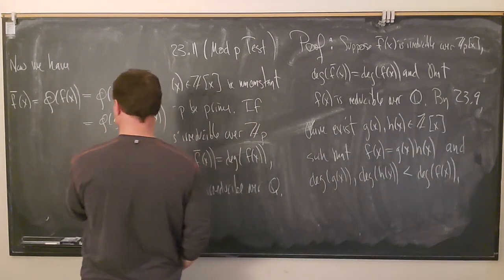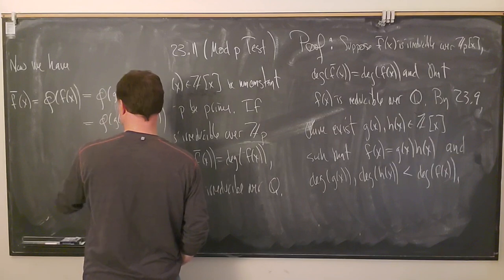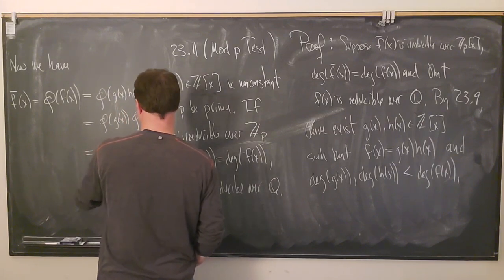And what's this? This is, of course, g bar of x times h bar of x.